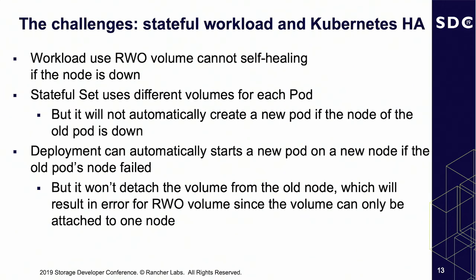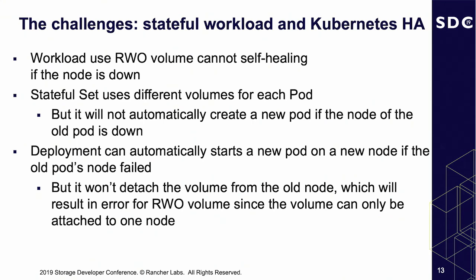Another challenge is the state for workloads in Kubernetes. It doesn't really work as well as people would normally think. If you are using an RWO volume, which means read-write once, which is basically a block device, you cannot self-heal if the node is down.